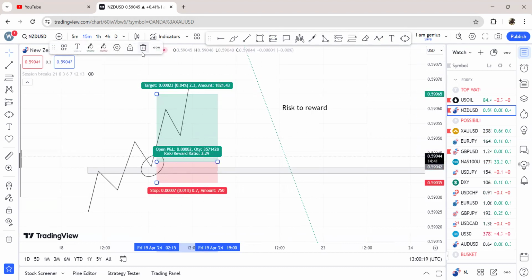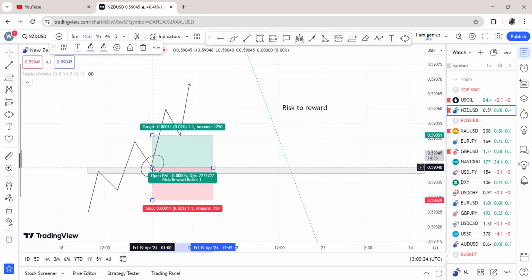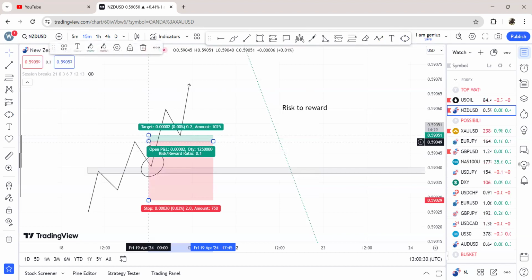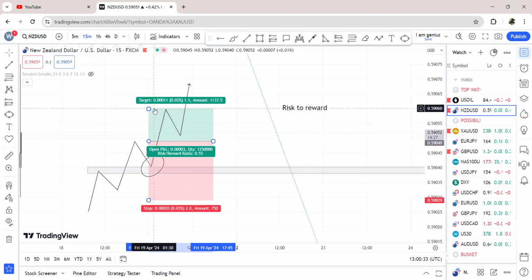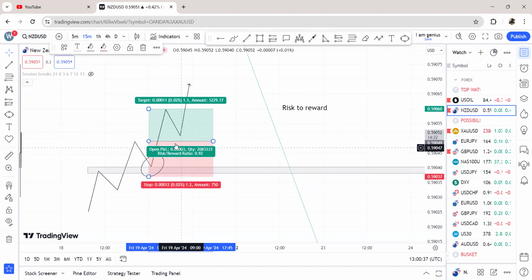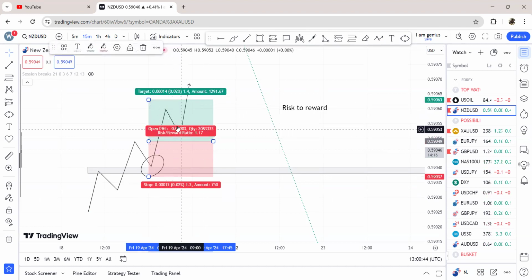Another way of thinking about this is, if you had waited for the market to break that level, then your stop loss literally has to be here, and you are going to make way less profit as compared to someone who had entered earlier, in the earlier example I gave.